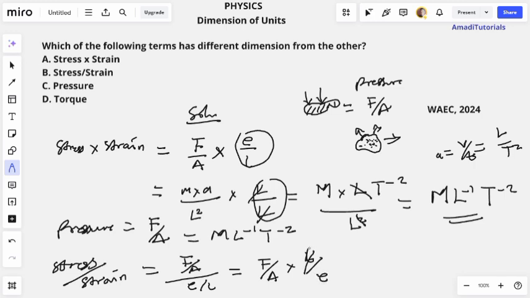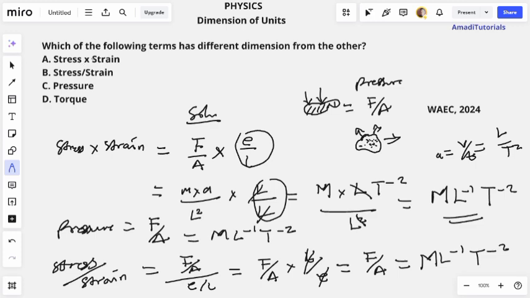The dimensional unit for original length is L, and the dimensional unit for extension is still L, so they will cancel out. So you are still left with force over area, which is the definition of stress or pressure. So it will still have the same dimensional unit there: M L minus 1, T minus 2.